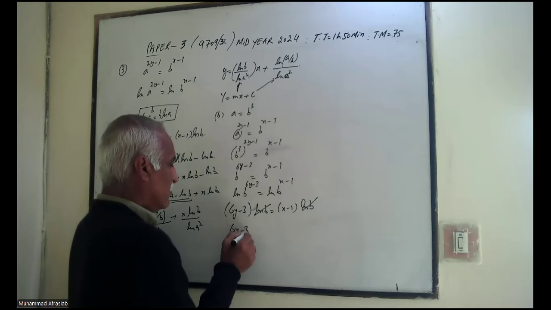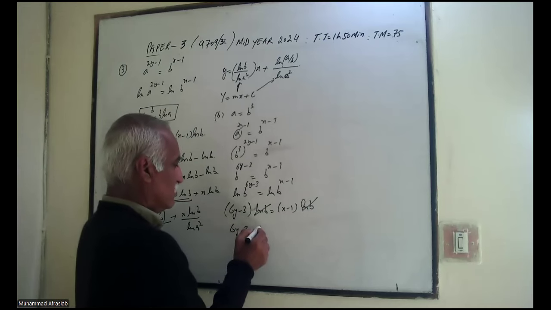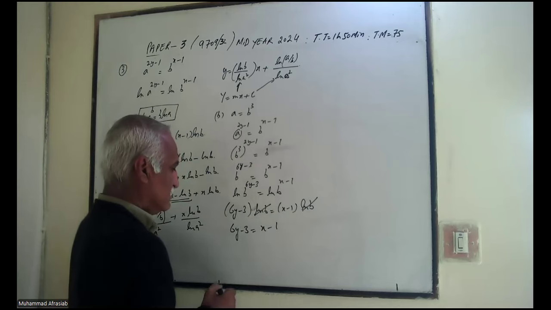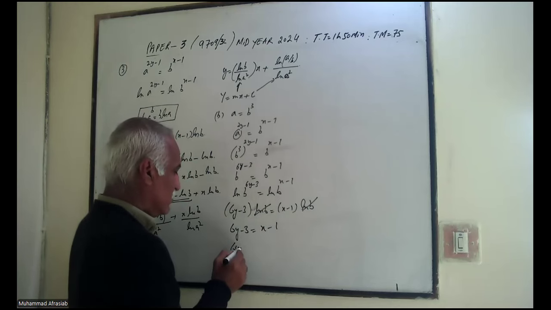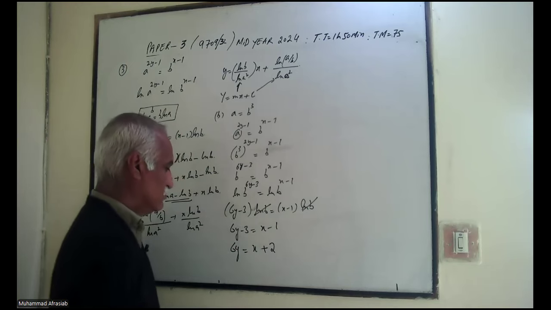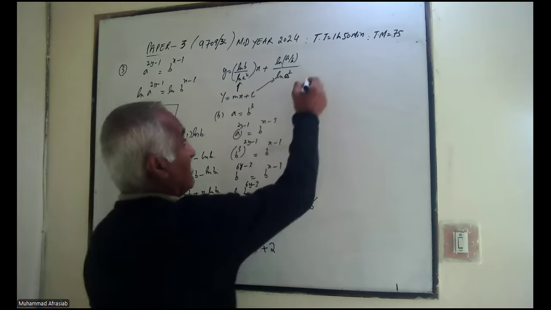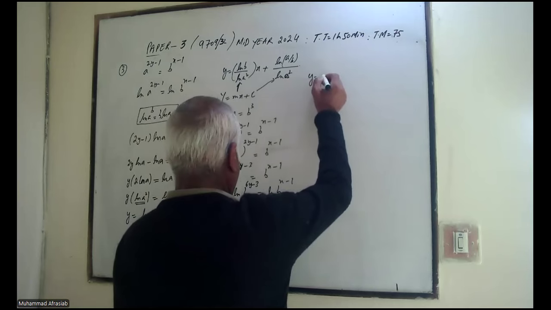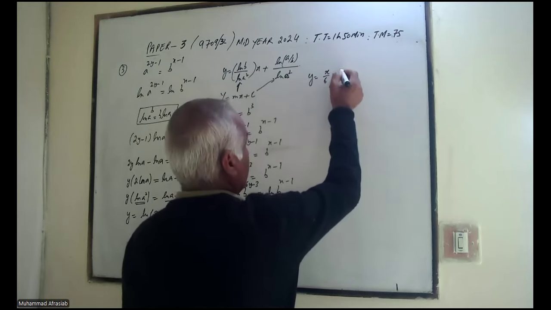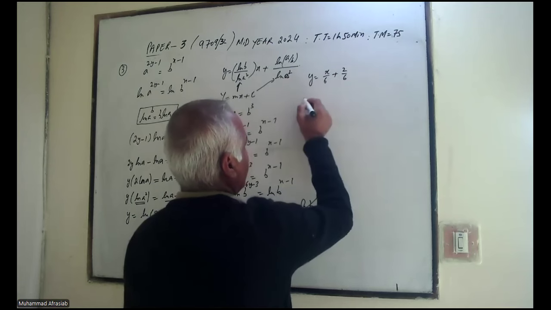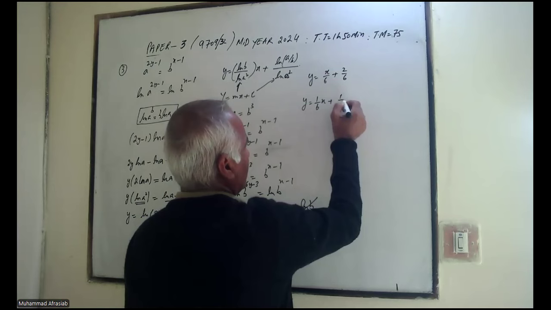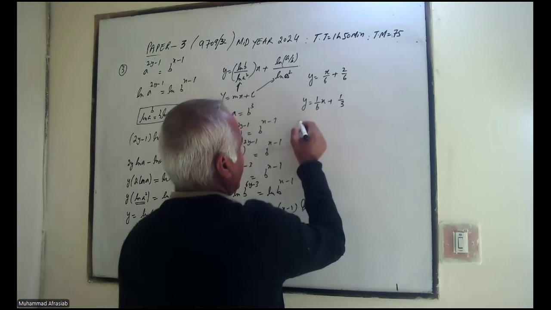So 6y minus 3 is equal to x minus 1, or 6y is equal to x plus 2. So y will be equal to x over 6 plus 2 over 6, or y is equal to 1 over 6 x plus 1 over 3.